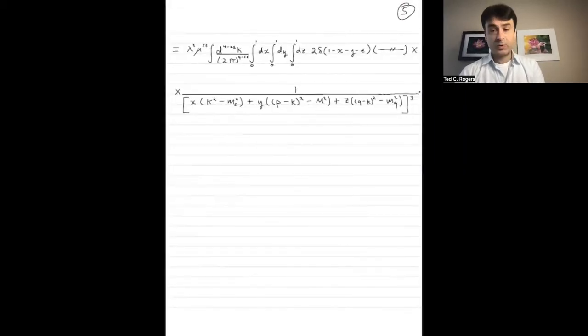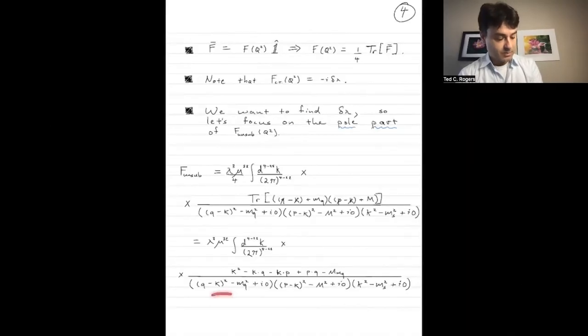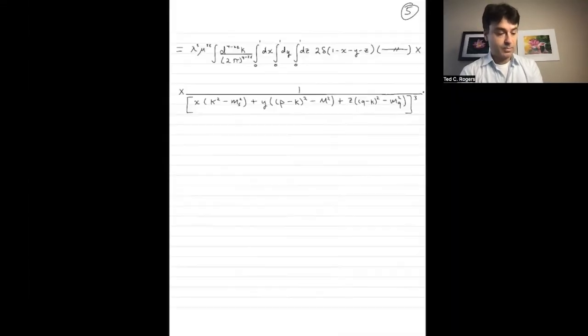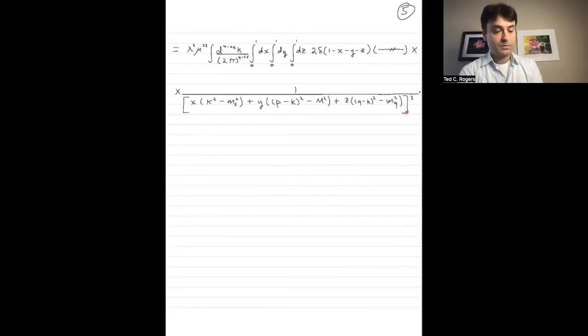Okay, so for example, we can combine all of those denominators using a Feynman parameter prescription. So I take all of these denominators here, I introduce an x, y, and z, and I integrate over x, y, and z from 0 to 1. And each of these denominators can be combined and placed into one big denominator. Since there were 3 of them, now they're all raised to the power of 3.